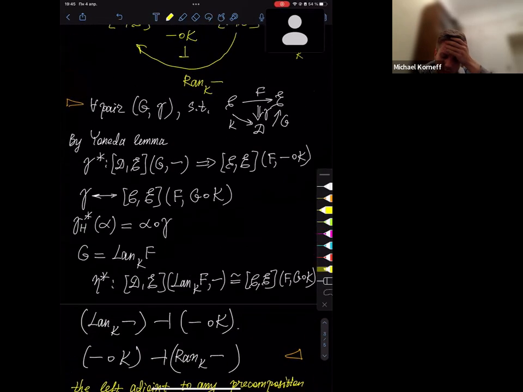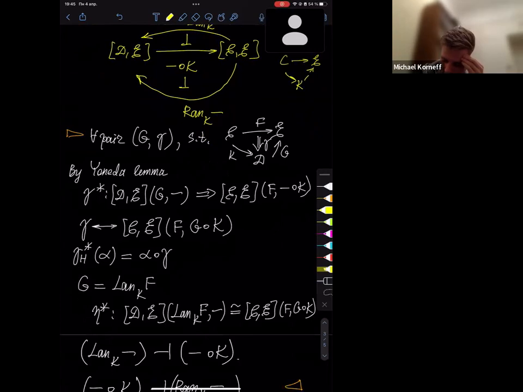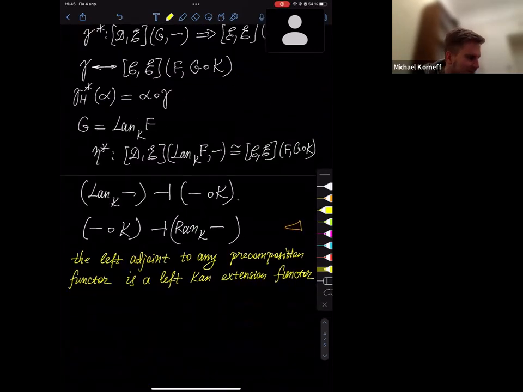This follows from uniqueness of adjoint functor, and this is great.